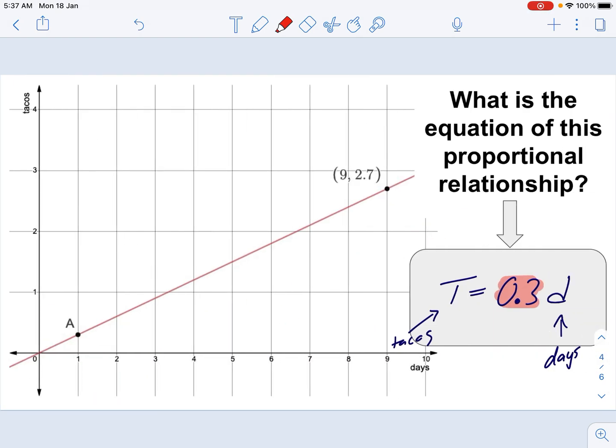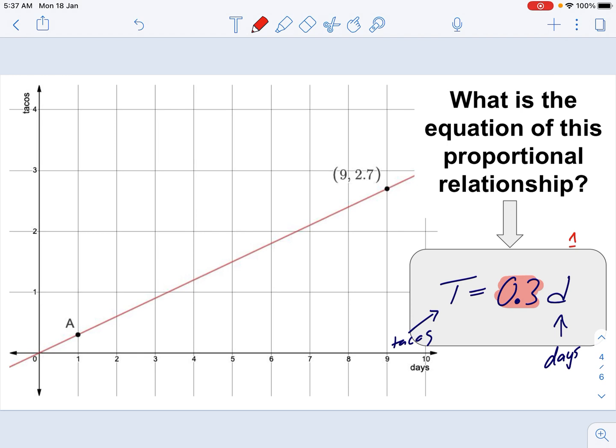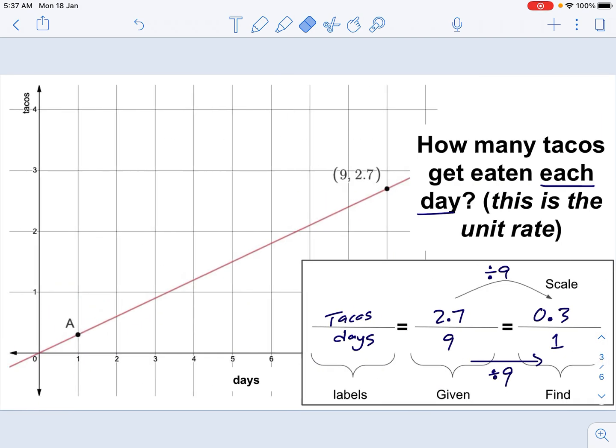If I want to know how many tacos I eat in 1 day, let's change colors here. If I put 1 in for D, 1 times 0.3 is 0.3. That's 0.3 tacos per day. Now, let's say I want to know how many tacos I was eating in 10 days.